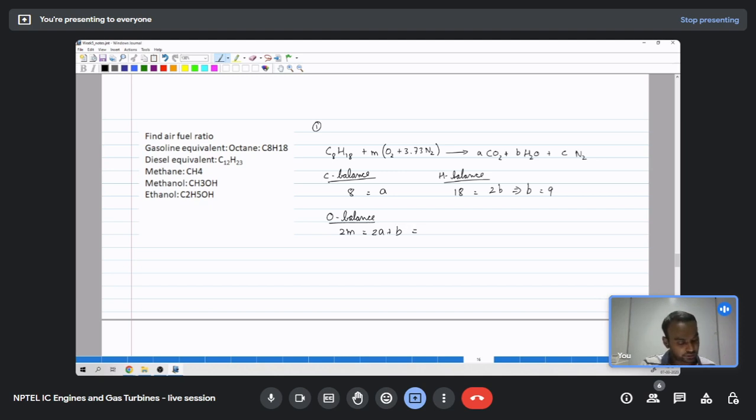We have already calculated the values of a and b. 2a is 2 into 8 plus b is 9, which is 16 plus 9, which is 25.